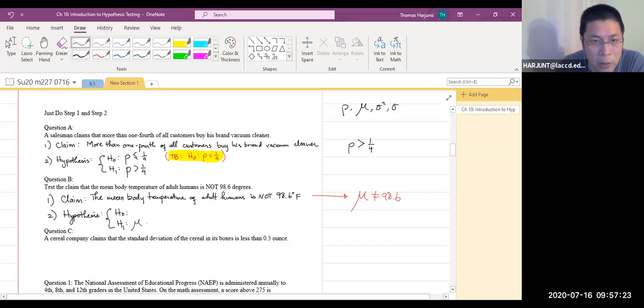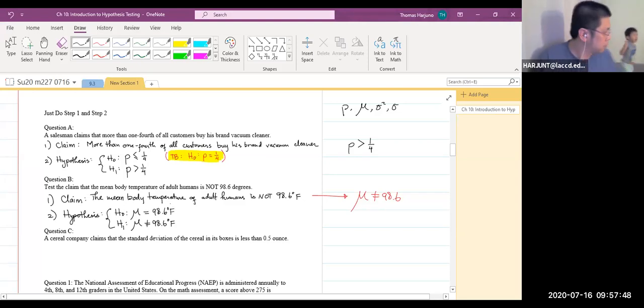Because the null hypothesis has the equal sign. Now the null hypothesis will be the complement, mu equals 98.6 degrees Fahrenheit. That's for question B.